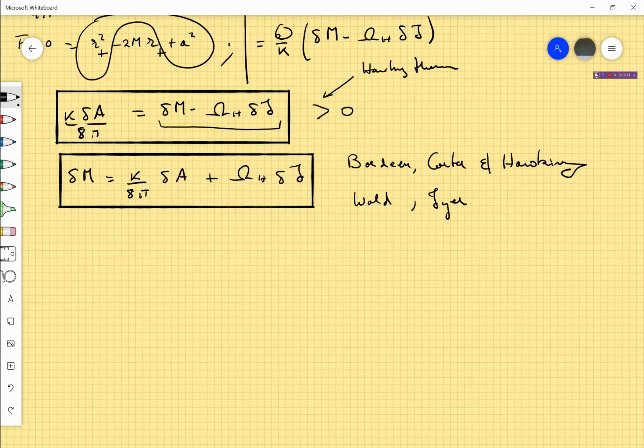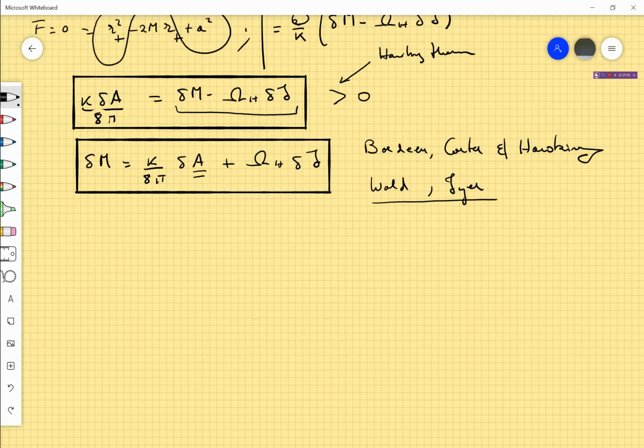But in general theories, theories more general than Einstein gravity, for instance, containing terms of higher order in curvature, instead of the area, something else appears, okay, that plays the role of entropy, although we still have to normalize it. You should know that it exists, okay?